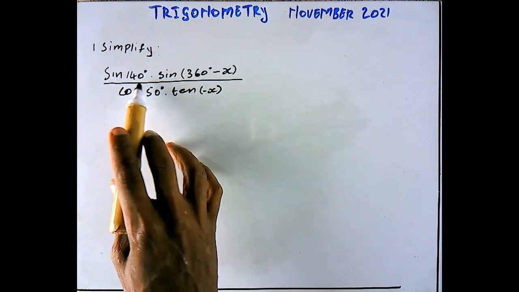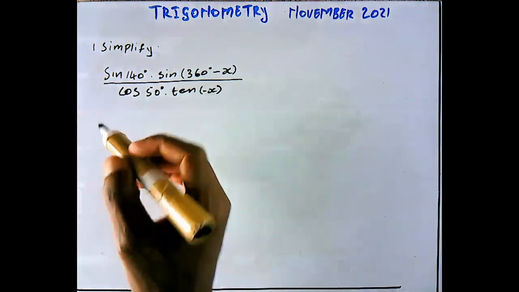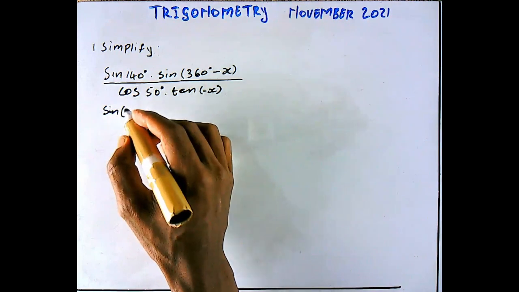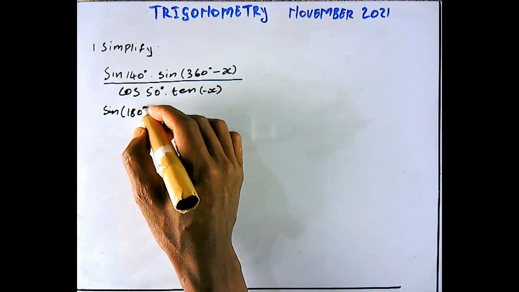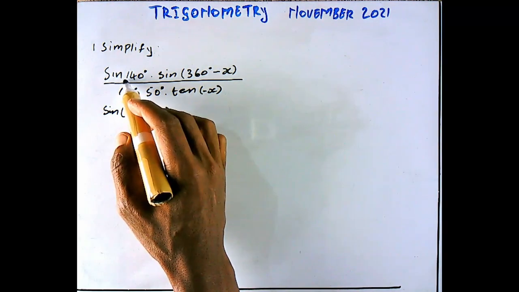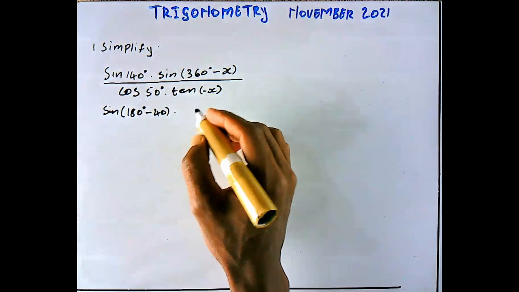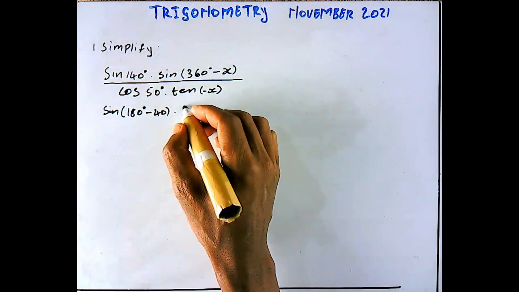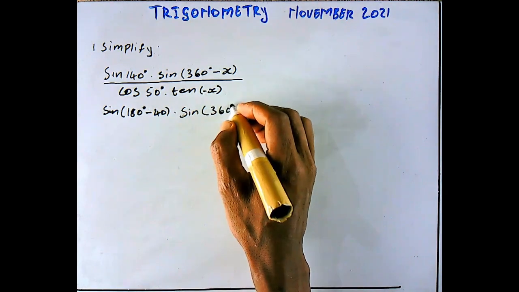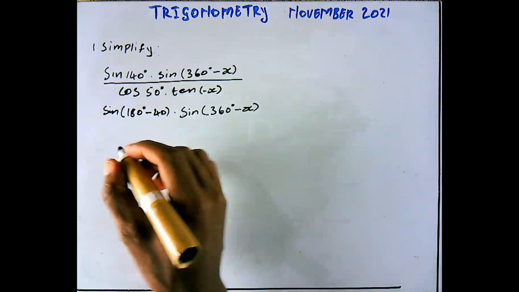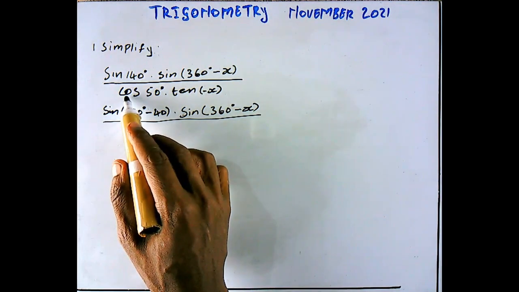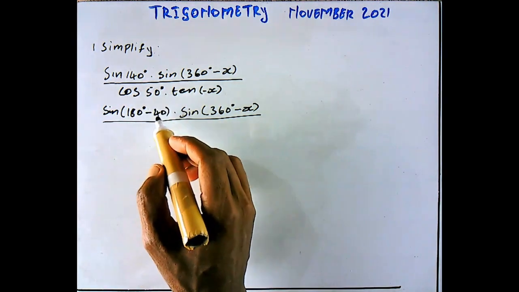Sine 140 degrees we can refer from a horizontal line or vertical line. Like you can say sine (180 degrees minus 40). 180 degrees minus 40 is the same as 140. So we can just write it the way it is, and then over cos 50, because already I've got 40 here.